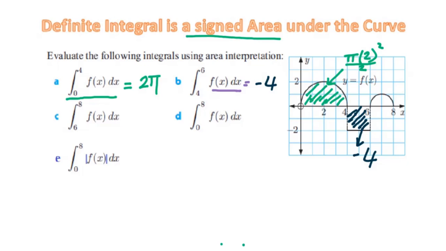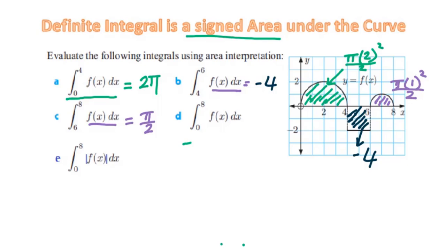For, say, integral from 6 to 8 of f of x dx, 6 to 8, the curve is above x-axis. Therefore, it will be the area of a semicircle, pi times 1 squared over 2. So you get pi over 2.